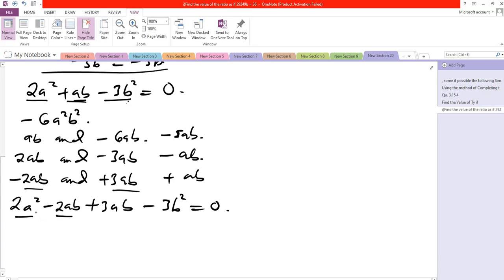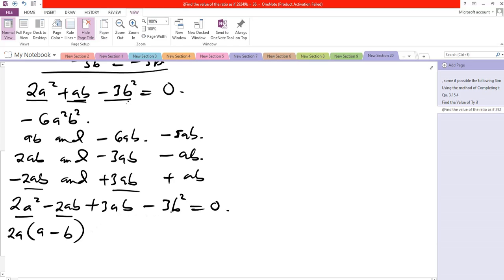You look for a common factor between these two terms. The common factor there I can see is 2a. Now if you use 2a to divide 2a square, you have a. If you use 2a to divide minus 2ab, you have minus b.